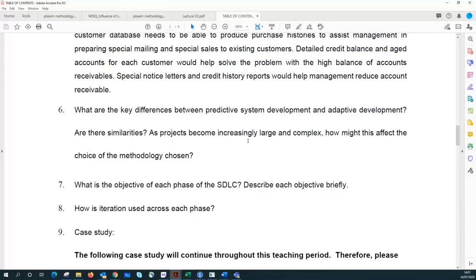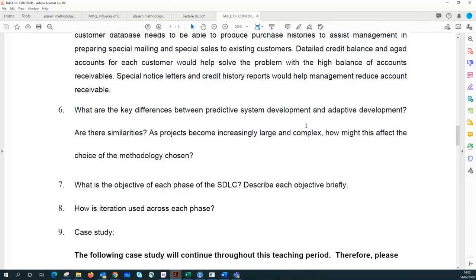As the project becomes increasingly large and complex, how might this affect the choice of methodology? When projects get larger and more complex, we may move from predictive to more adaptive, because large and complex means there are more variables and more constraints that we need to consider.